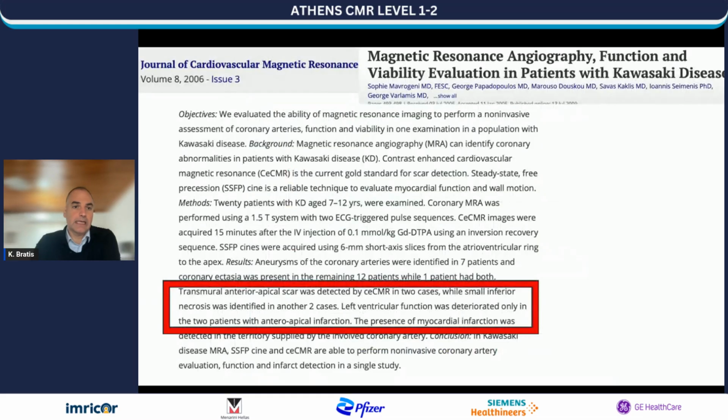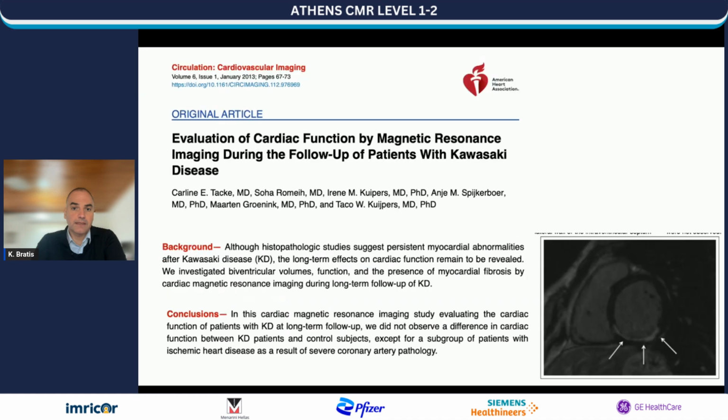There are studies on simultaneous assessment of the function and fibrosis in Kawasaki disease patients. Already back in 2006, Professor Mavroyeni did show that the presence of scar in patients with previous Kawasaki disease and residual lesions, the topography, so the anatomy, the scar distribution was related, of course, to the diseased arteries, and the presence of any dysfunction was seen only in patients who had, in fact, an established infarct.